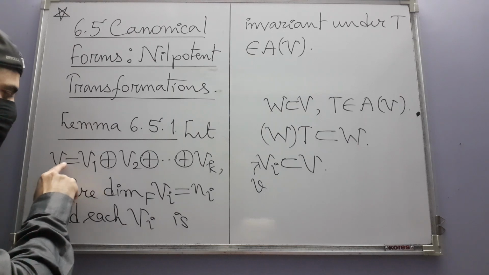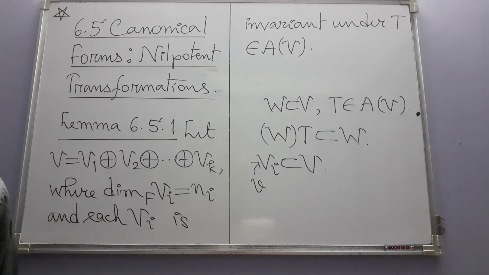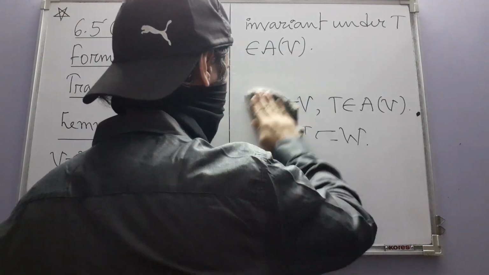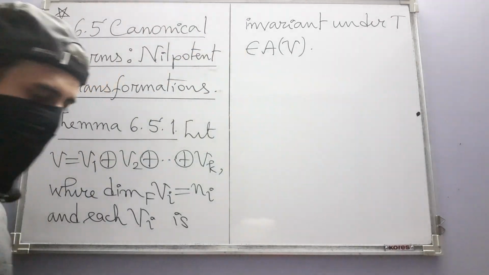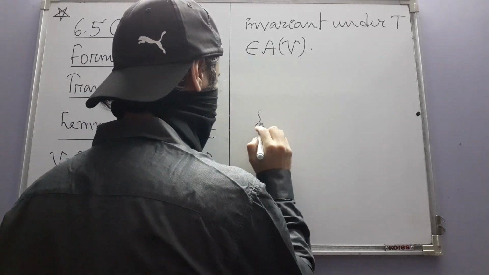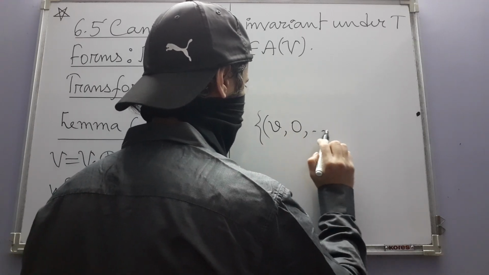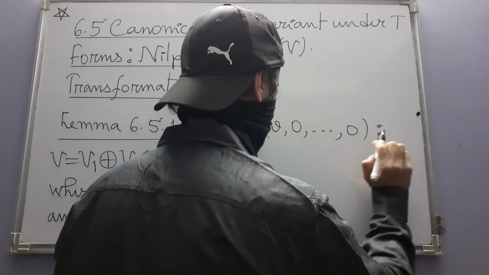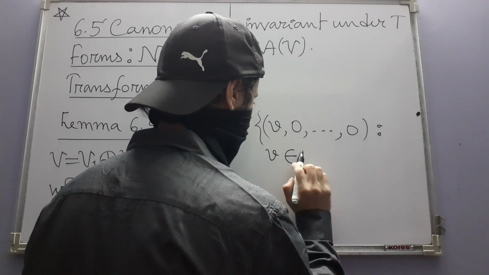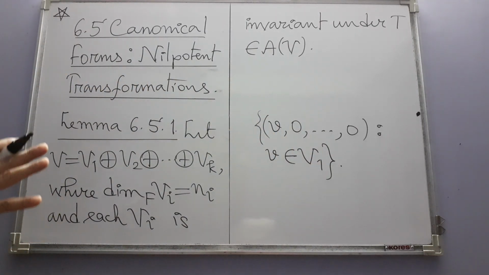However, capital V has a subspace that is isomorphic to V1, and that subspace is this. This is a legitimate subspace of V, and this is isomorphic to V1.